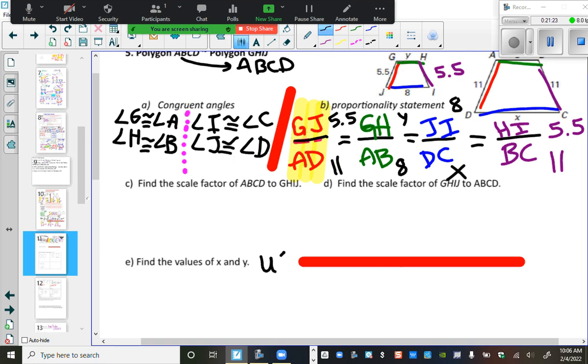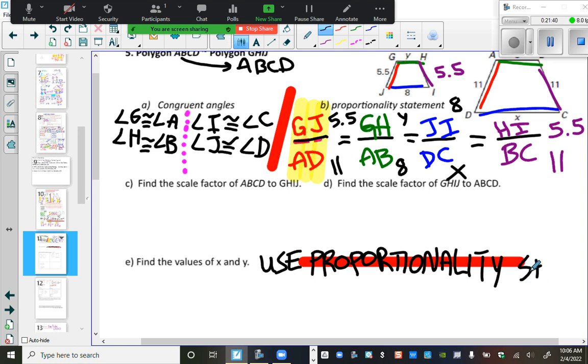And I'll write that. Use proportionality statement.